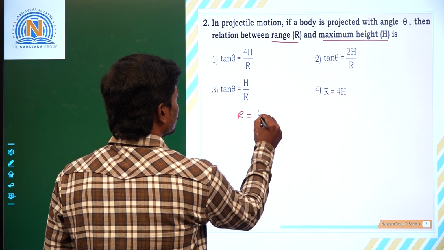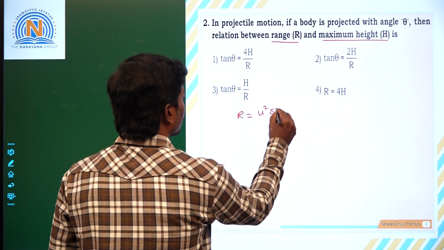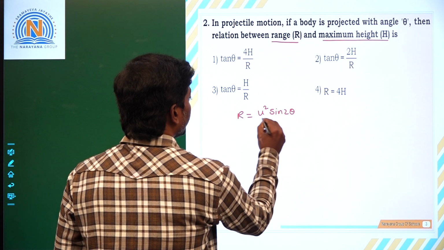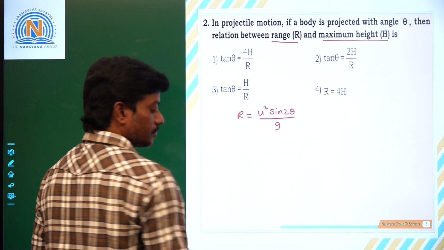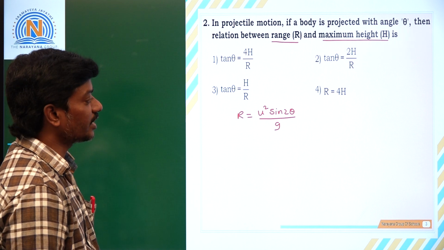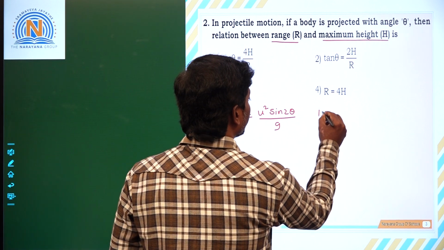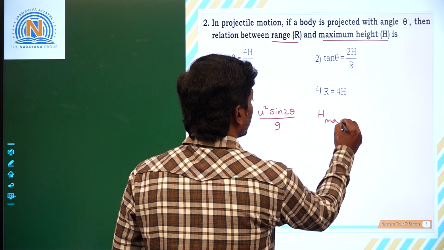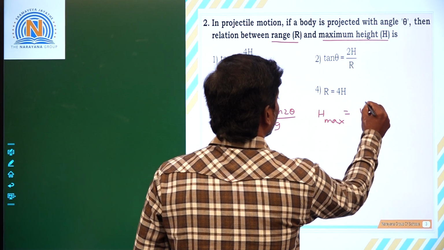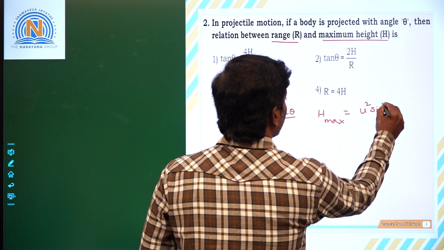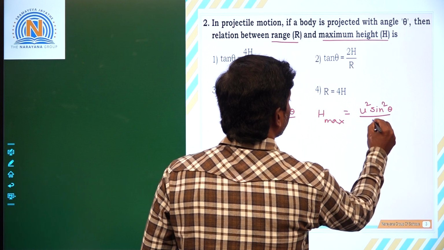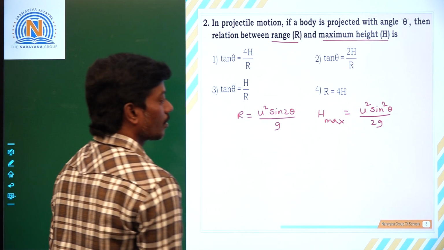As we know, R = u² sin 2θ / g. Similarly, the maximum height formula is H max = u² sin² θ / 2g.